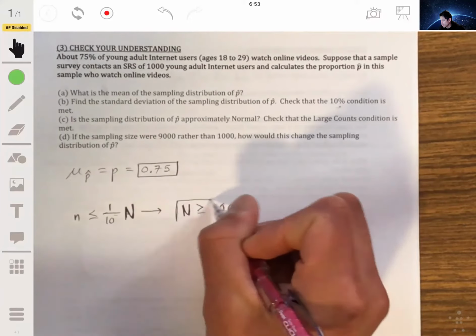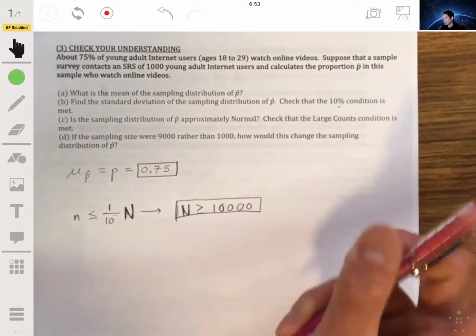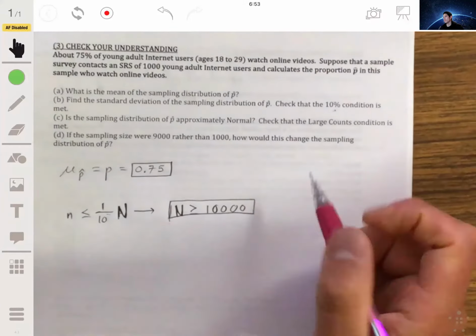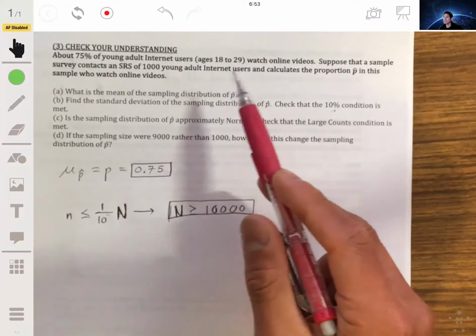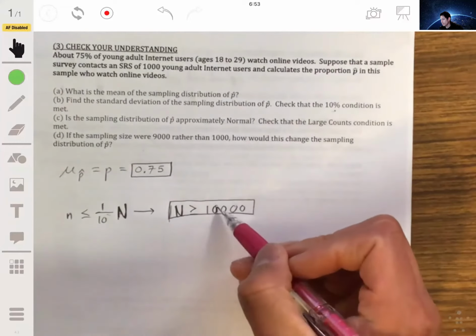That's reasonable to say: there are at least 10,000 young adult internet users ages 18 to 29. That makes sense.